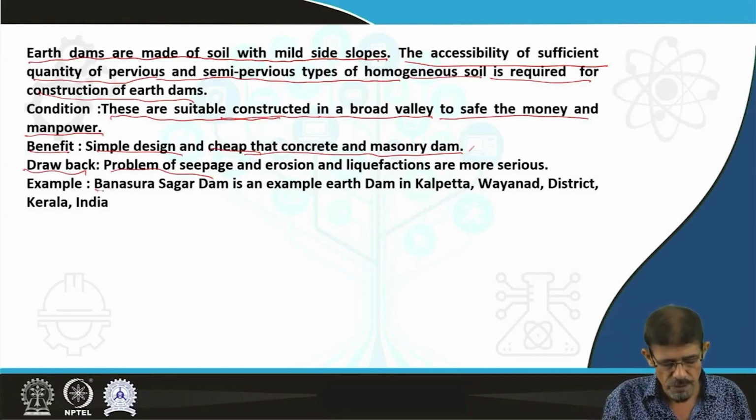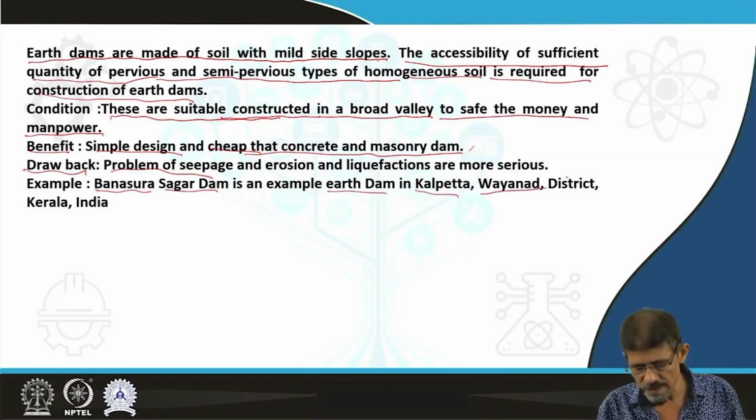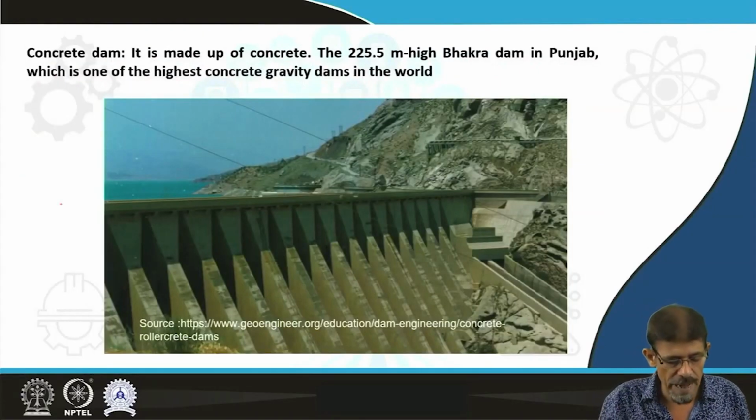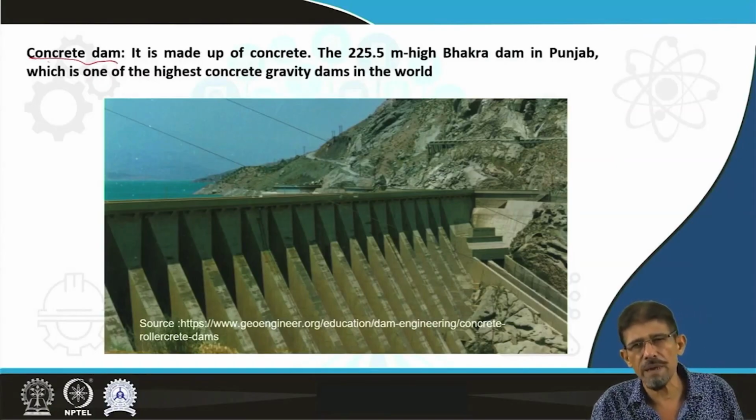A good example is the Banasura Sagar dam, an example of an earth dam located in Kalpetta, Wayanad district in South India. The next type of dam is the concrete dam. Concrete dam is a very popular dam, and a variety of dams in India are constructed with concrete.